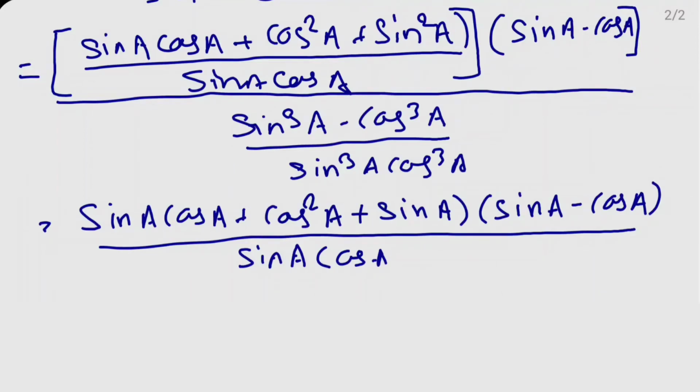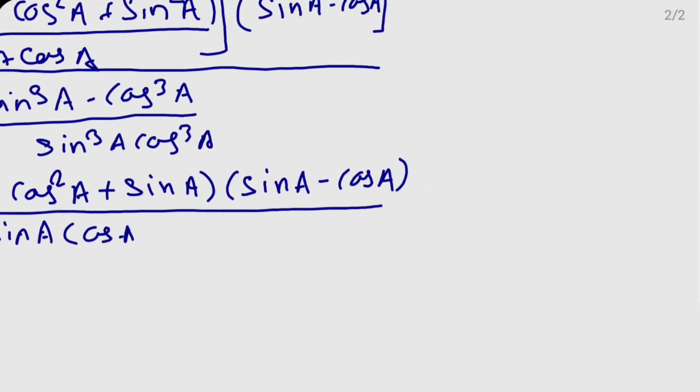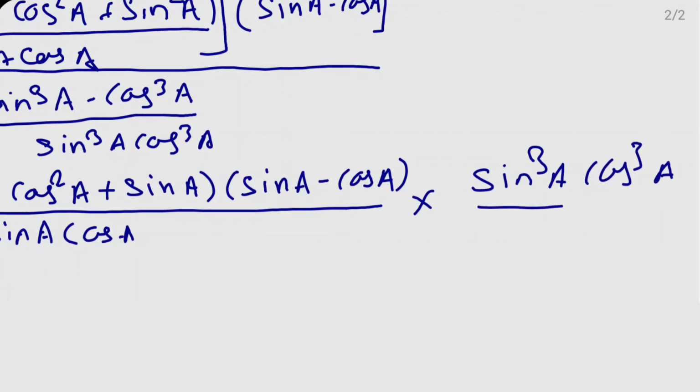So this division I will write as a multiplication, so into sin cube A cos cube A divided by sin cube A minus cos cube A. Numerator and denominator interchange each other, right?